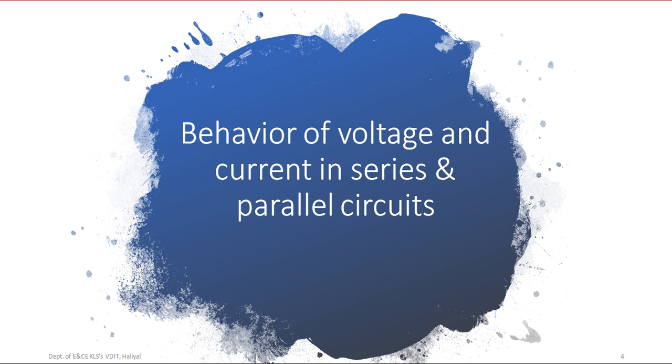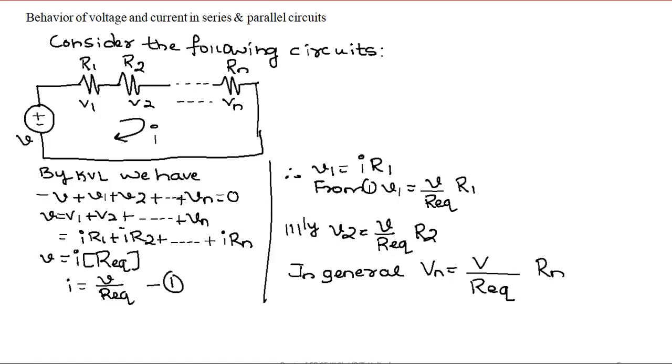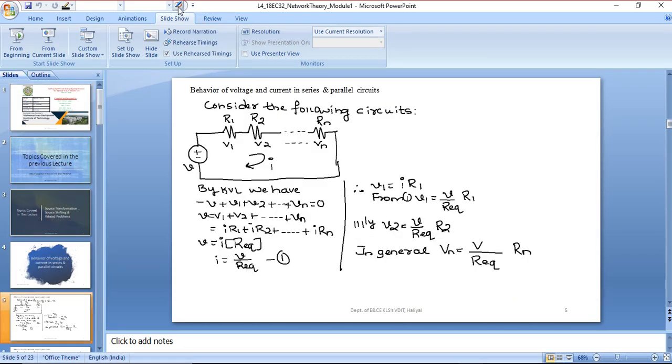So let me just give you the overview of the behavior of voltage and current in series and parallel circuits. Okay. So already I have documented these conditions. So here now, if you consider the requirements, so let me just change the pointers here.